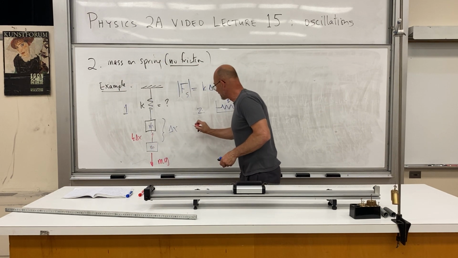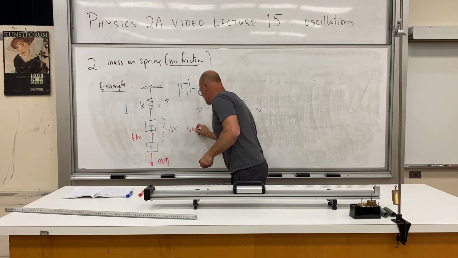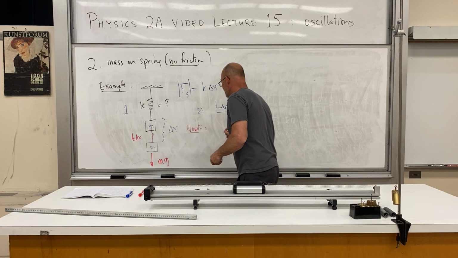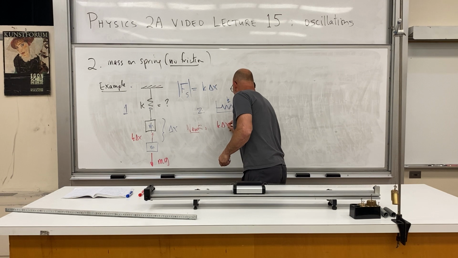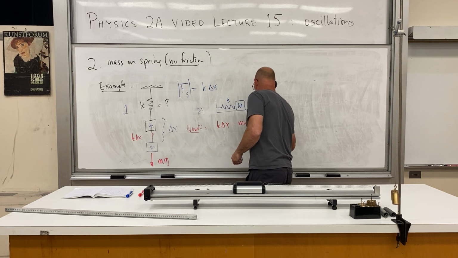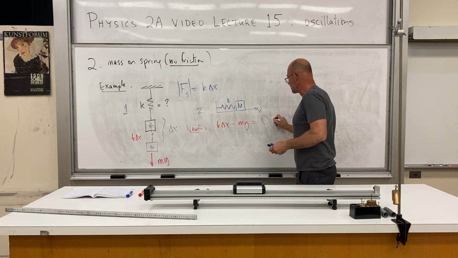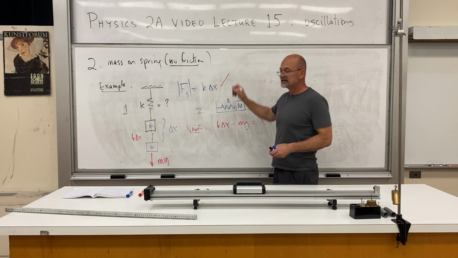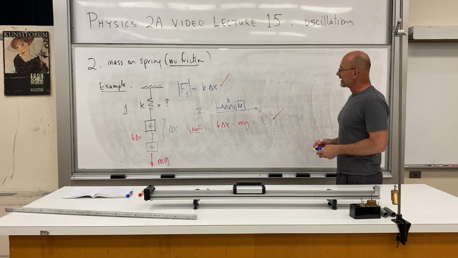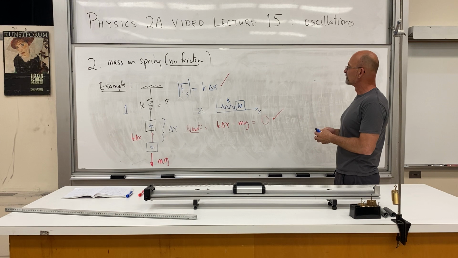And then you would have said, okay, this was a Newton's law problem where K delta X minus mg is equal to 0, because net force is 0, and boom, that's how you got that. Okay? So that's a good example for this type of thing.